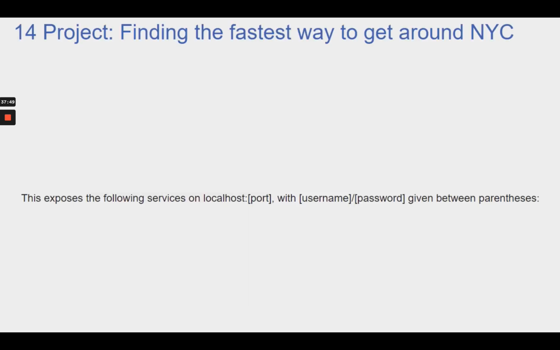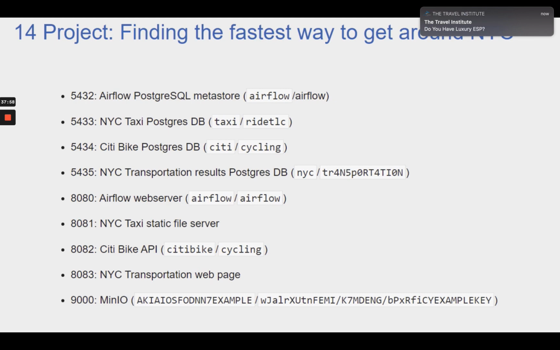This exposes the following services on localhost: port, with username/password given between parentheses. 5432, Airflow PostgreSQL Metastore, Airflow/Airflow. 5433, NYC Taxi Postgres DB, Taxi/RideTLC. 5434, Citi Bike Postgres DB, City/Cycling. 5435, NYC Transportation Results Postgres DB, NYC/TR4N5P0RT4TI0N.